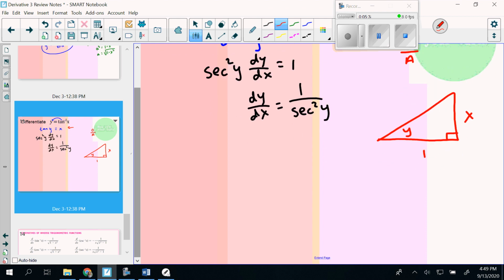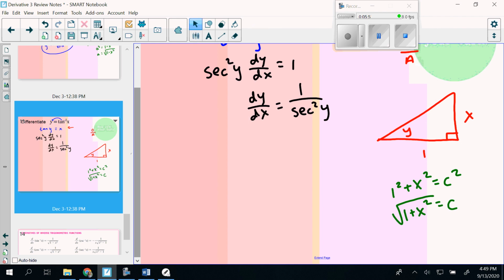Use the Pythagorean theorem again to find it. So we'd have 1 squared plus x squared equals c squared. To solve that, just take the square root. So that's our third side here: the square root of 1 plus x squared.